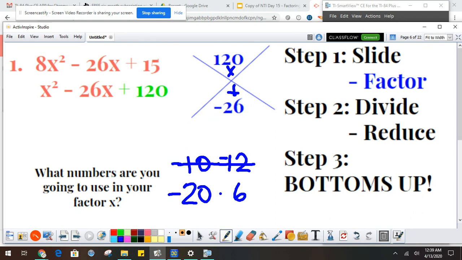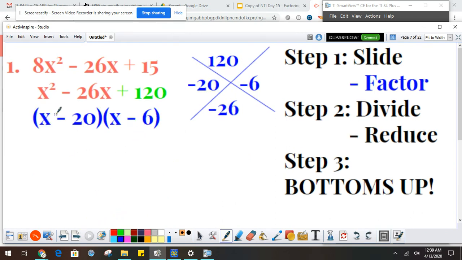So I'm going to make both of these negative. If I multiply 2 negatives, I'm still going to get my positive 120. If I add these two, I'm going to get negative 26. So the two numbers that I'm going to put on the side of my factor x are -20 and -6. Then I'm going to take those two factors and write out my answer, x minus 20, x minus 6.